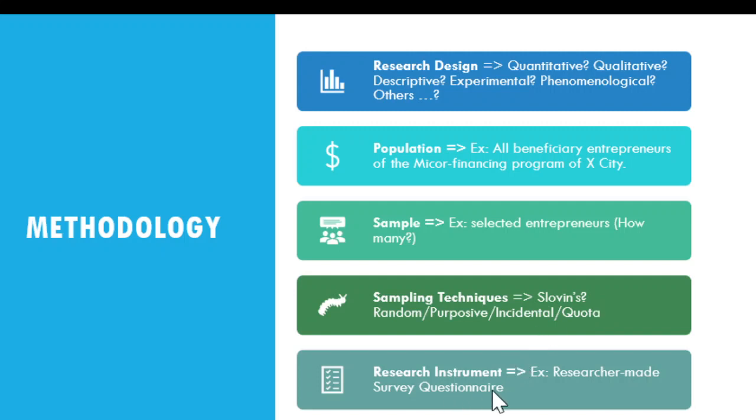Now, the other one is research instrument. Research instruments come in various forms, but very common is the researcher-made survey questionnaire. If you are using a researcher-made or original questionnaire, sometimes researchers use a ready-made or standard questionnaire from standard sources.